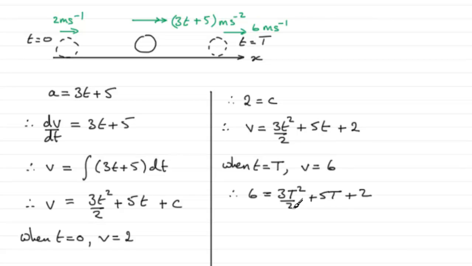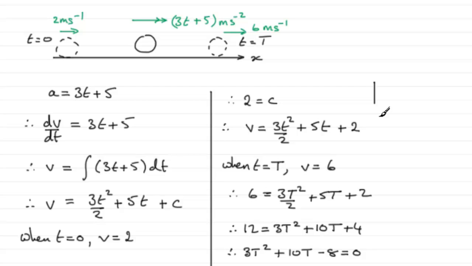And we can multiply throughout by 2, and therefore we get 12 equals 3T squared plus 10T plus 4. We've got a quadratic equation here, so we rearrange to make it equal to 0. If I take 12 from both sides, you get 3T squared plus 10T, and 4 minus 12 is minus 8, and that equals 0.